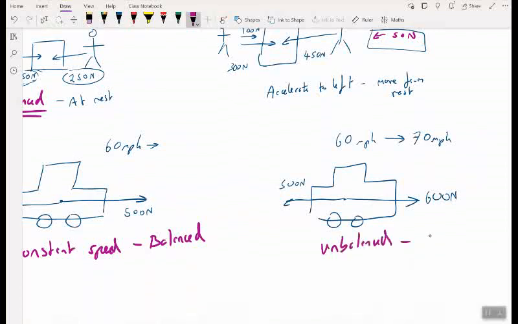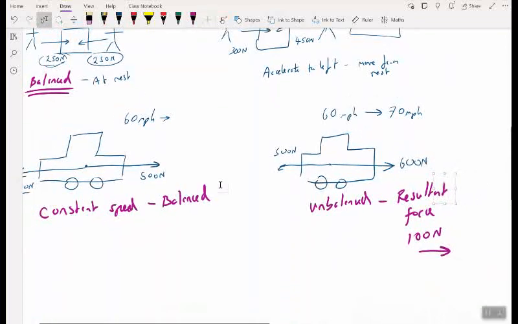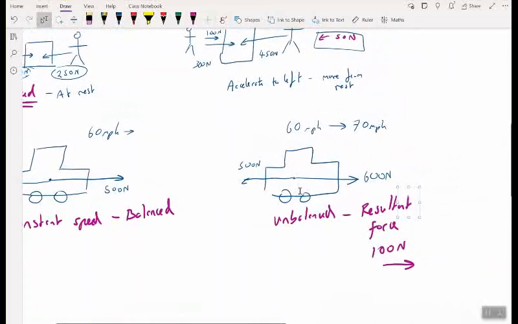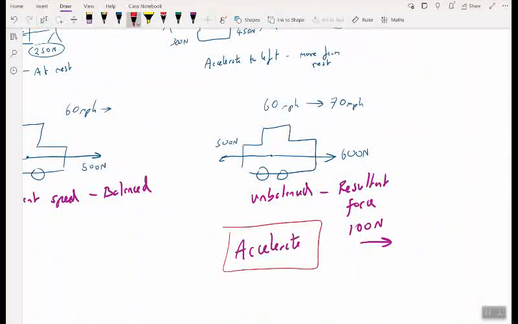There is a resultant force of 100 newtons to the right, which has caused it to accelerate. So unbalanced forces are now causing it to change speed, to accelerate.